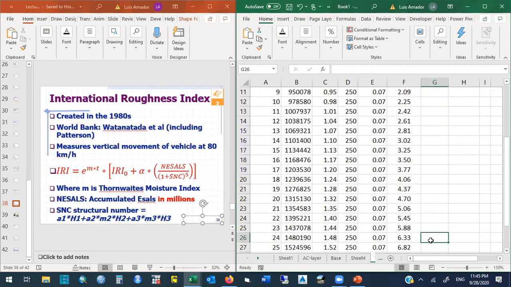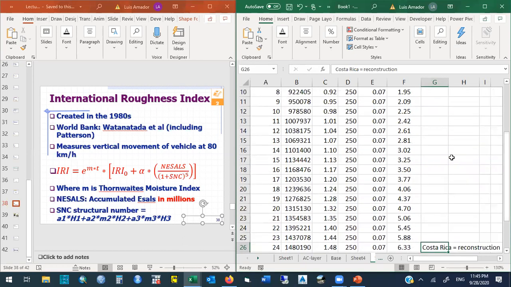But if you go to my home country, Costa Rica, this is a reconstruction. So it's not the same. And other places like Quebec will probably tolerate 3 point something.